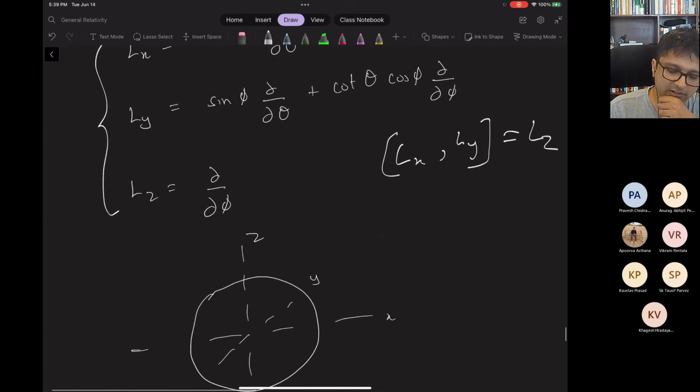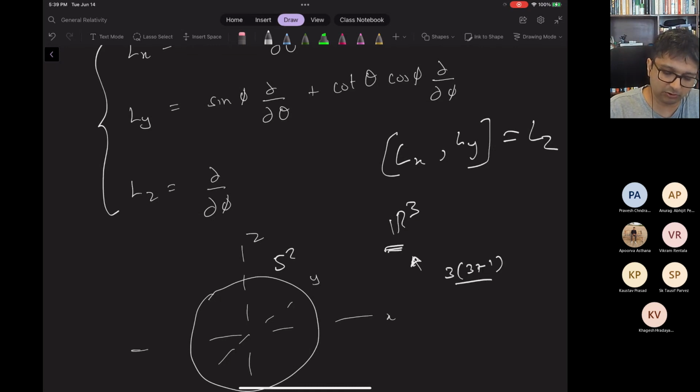Why rotations in 3 dimensions? Well, if you think about the sphere embedded in higher dimensional R3, there are Killing vector fields associated with the isometries of R3. R3 is a bigger space, right? S2 is only a 2-dimensional space. R3 is three-dimensional Euclidean space, which has 3 into 3 plus 1 by 2, which is equal to 6 basis Killing vector fields.